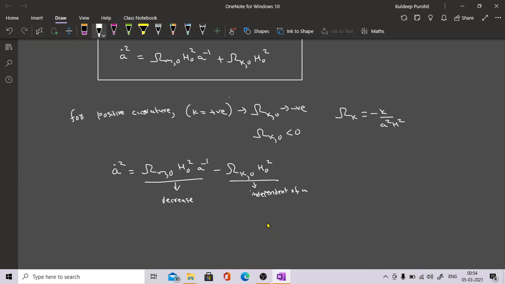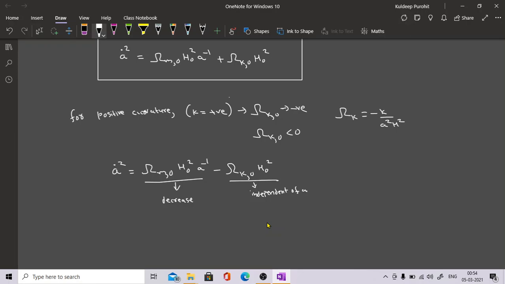Okay, and H0 square is on both sides, so you can take it common. You are left with omega m0 into a inverse and omega k0. This term has no change. So what will happen is that at a certain point, suppose initially this is the higher term, but as the scale factor increases with time, there will be a point where both terms become equal, because this one is not changing with time and is negative, and the other will be reducing.